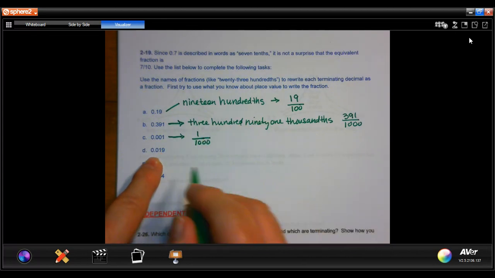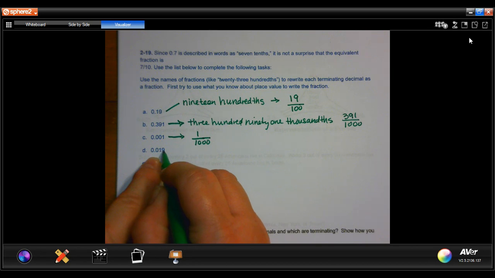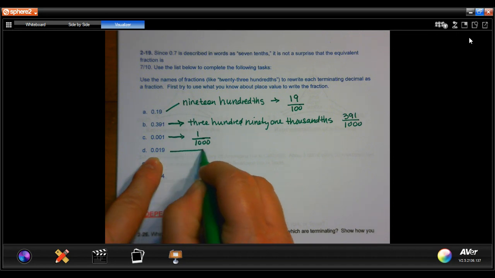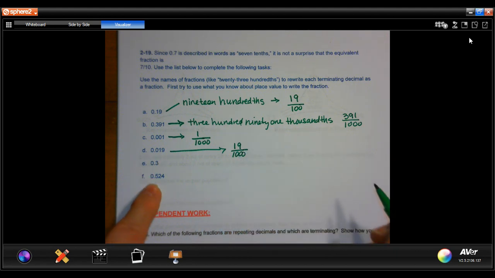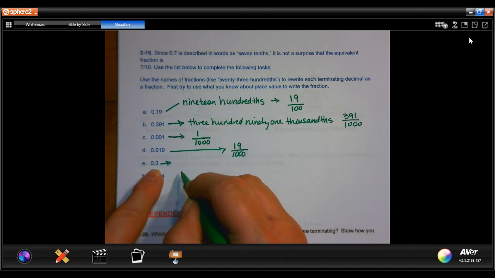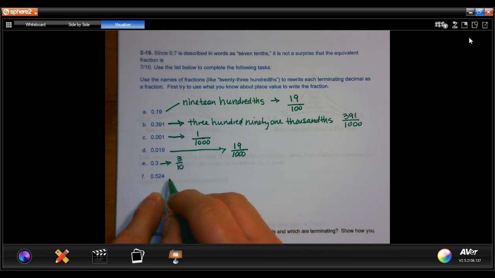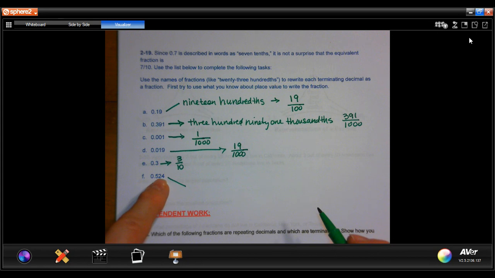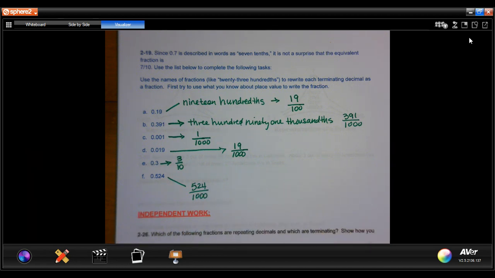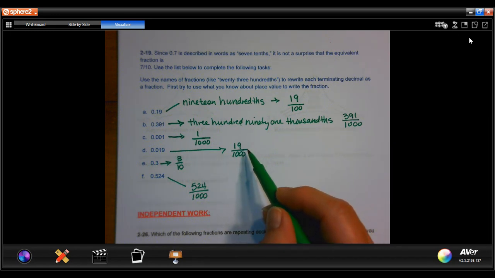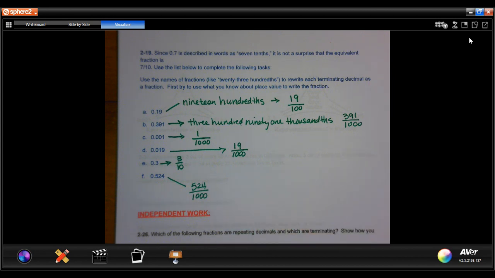The last number in the decimal ends up in the thousandths place. So that's why this one would become 19 thousandths. This one, I would say 3/10. And this one, again, I'd say 524 thousandths. And there we go. If you want to double check to make sure that I did those correctly, you would take your numerator, pop it into your fraction, and divide by the number that I put in the denominator.